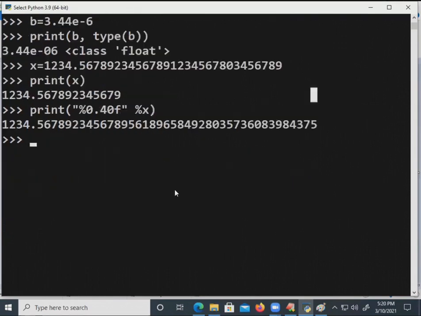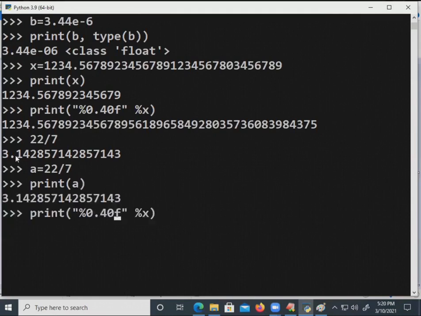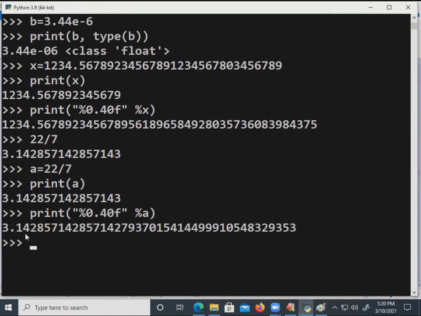At this point, I am asking everybody, you don't get tension about it. 20 divided by 7. Print of A. We are getting some data. Same thing I am printing with format, print of A. See, I got 40 digits after that.